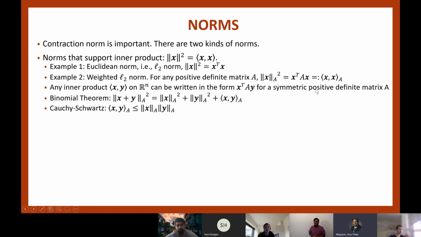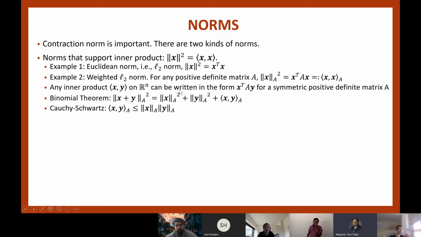And it turns out that if you have an arbitrary norm that's induced by an inner product on Rn, one can show that it can always be written in this form. For any inner product in Rn, there exists a symmetric positive definite matrix A such that the inner product of x and y is essentially x transpose Ay. So working with a norm of the form in example 2 essentially covers all possible inner product norms.